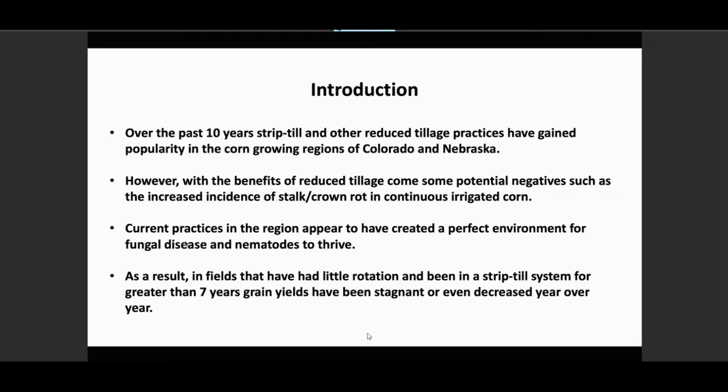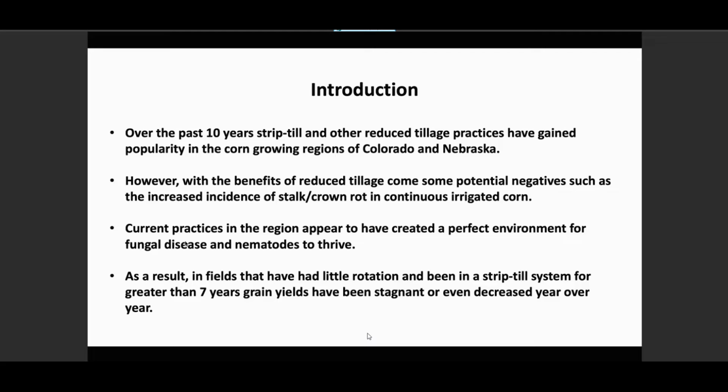As a result, we have seen that in fields which have had little rotation or have been in a strip till system for greater than 7 years, the grain yields have drastically gone down or become stagnant over time. But there is not much research going on in understanding the impact of different management practices on the nematodes and the fungal pathogens.